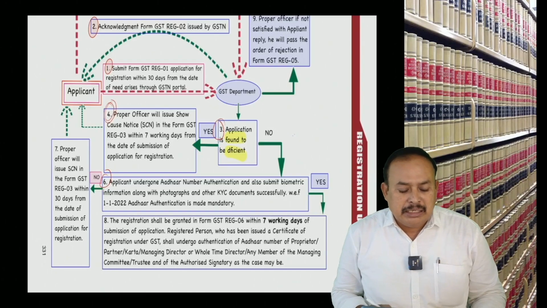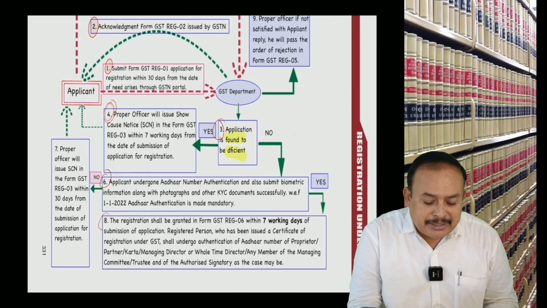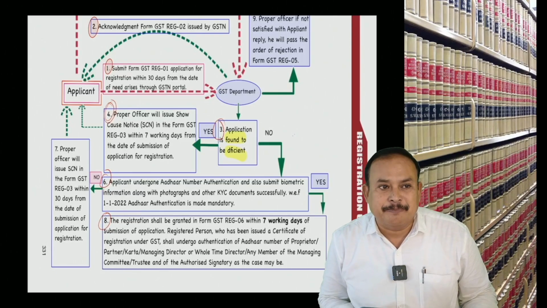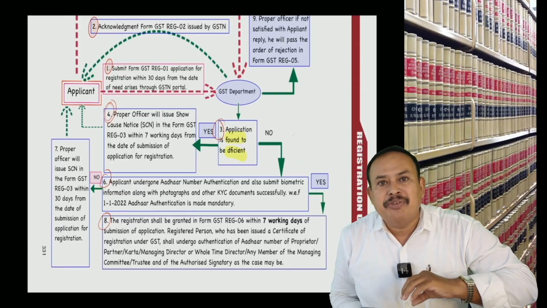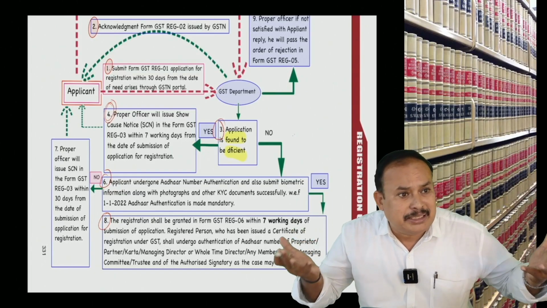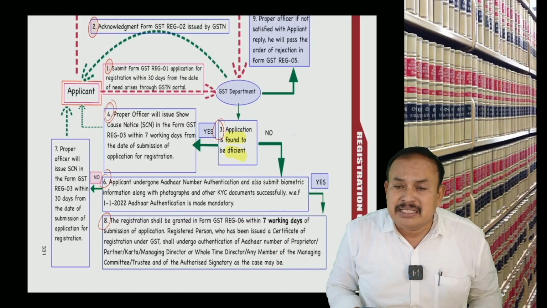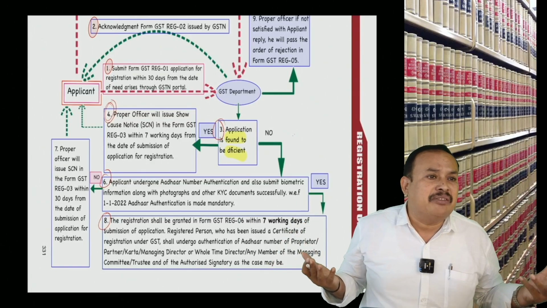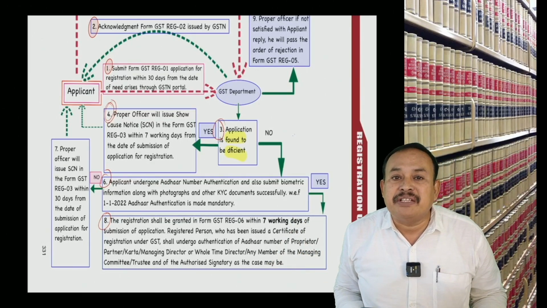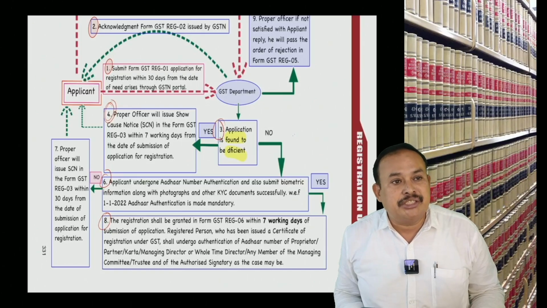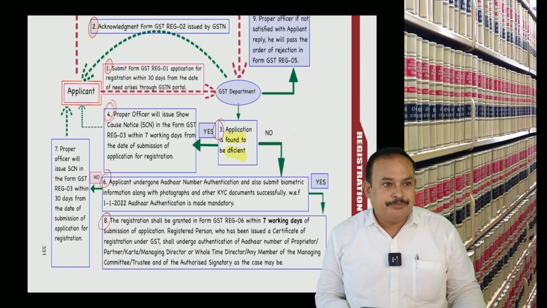Then directly step 8 instead of step 7. From step number 6 to step number 8, where you have undergone the Aadhaar authentication and given KYC in an excellent manner, everything satisfied and well in order, then the department will issue the certificate of registration in form GST REG-06.